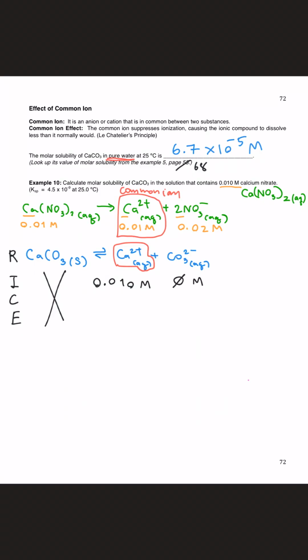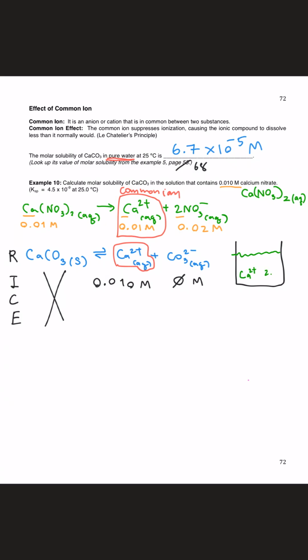Again, I would like to draw the picture so that you understand a little bit better here. So let's take a look at the flask or the beaker. So this beaker contains a solution, and this solution contains calcium nitrate, right? So that means there should be calcium floating around.